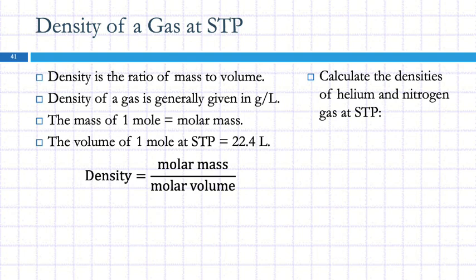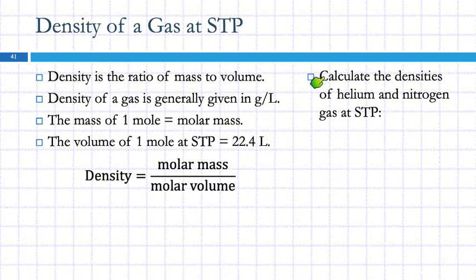We can calculate the density fairly simply if we say, well, let's take 1 mole of gas, and the mass of that is the molar mass, right? And the volume of 1 mole of gas at STP is 22.4 liters. So we can take the molar mass and divide by the molar volume and get the density of a gas at STP.